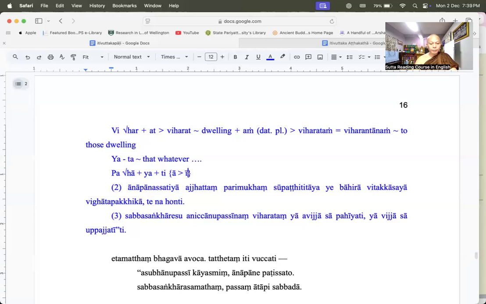Ruha means to abandon. So pahiyati, because yati is the passive suffix, means is abandoned, or removed, or dispelled. So in this way, anyone.